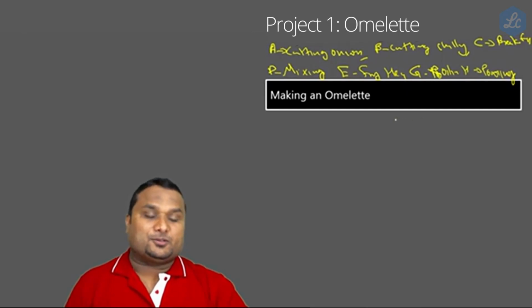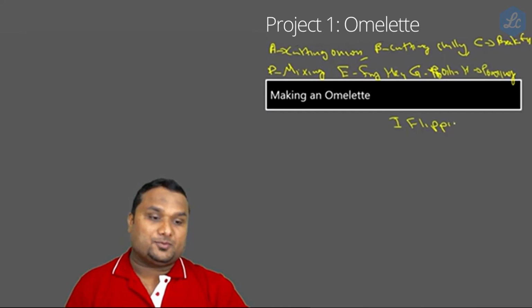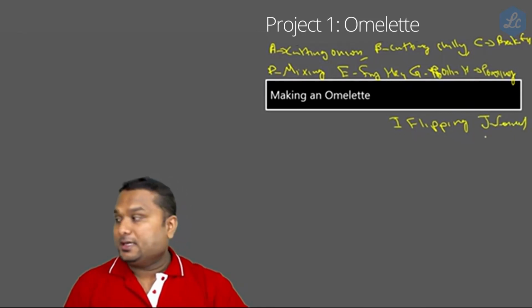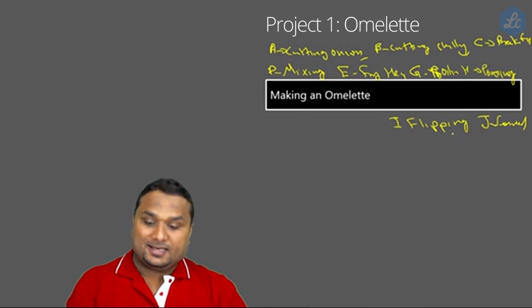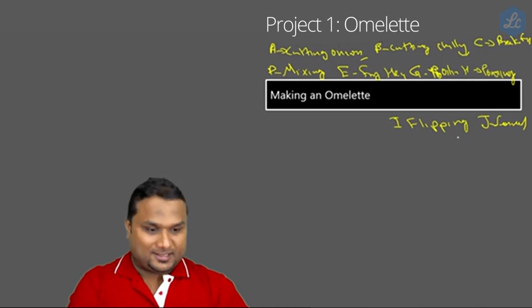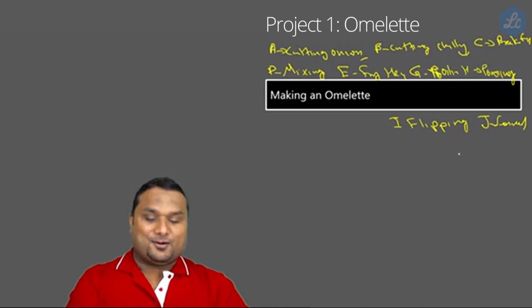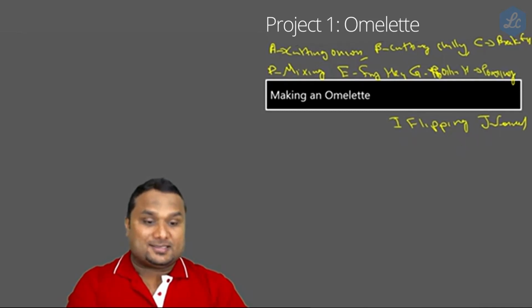Then we have to flip the omelette, and the last step is that it has to be served. So these are the 10 steps. Making an omelette is not an easy task. It is a 10-step process.